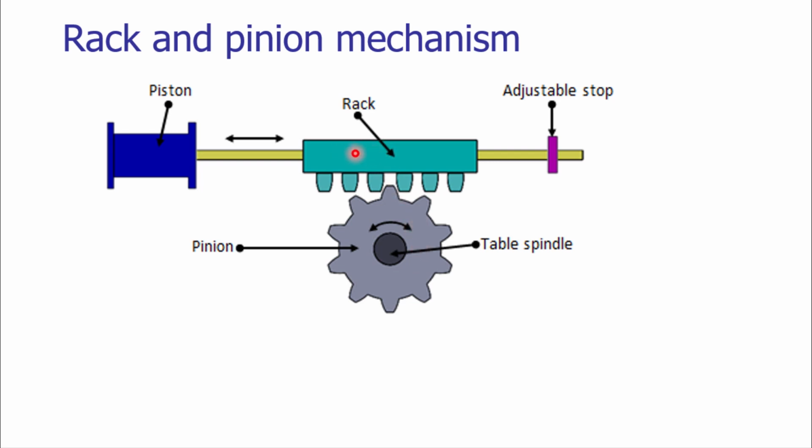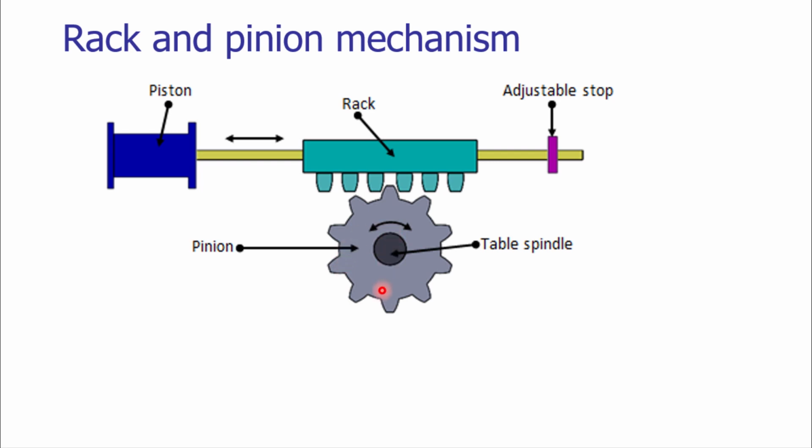The rack you can consider a part of an internal gear of infinite radius, and that internal gear, as we know well, has internal teeth. The internal teeth of the rack are engaged with the external teeth of the pinion. If I push the rack in linear direction, it will drive the pinion, and that is our intended motion of the pinion.